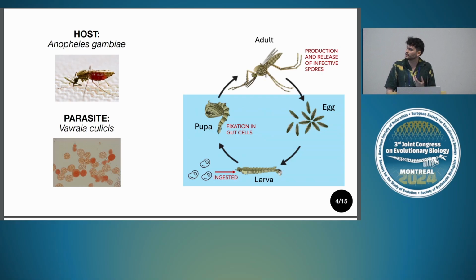That usually happens in the adult stage, where the spores start getting released into the body of the mosquito, and whenever it dies, it spreads the spores. This usually has to happen in a water body, because these spores are very sensitive to desiccation. So that's the transmission cycle of the parasite.